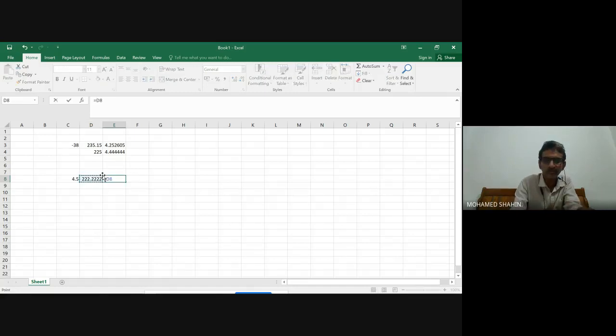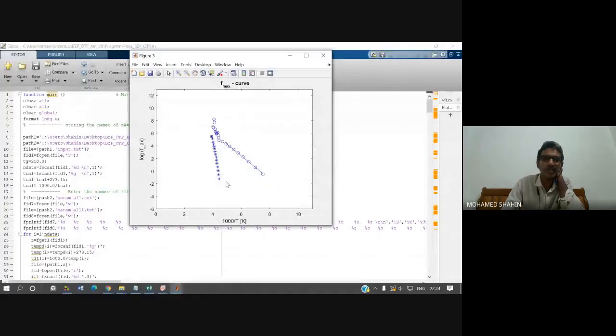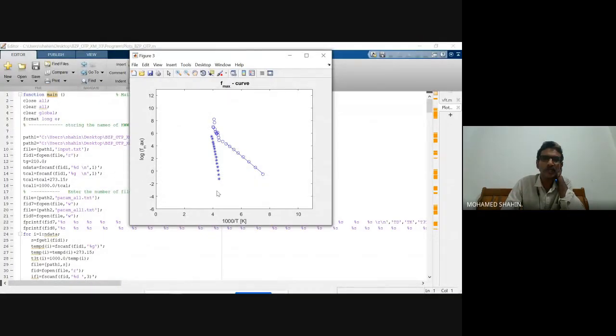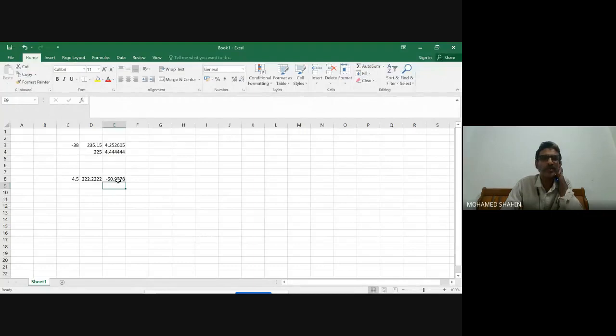Now this minus 273.15. So minus 50 is approximately Tg. Approximately. It should not be -6. It is something around 2.95 or something. But for the time being, we are only taking a rough estimate. It is -50.9 degrees in Tg.